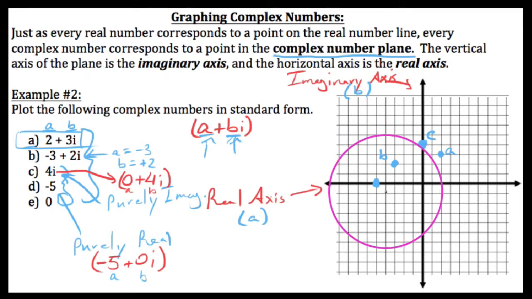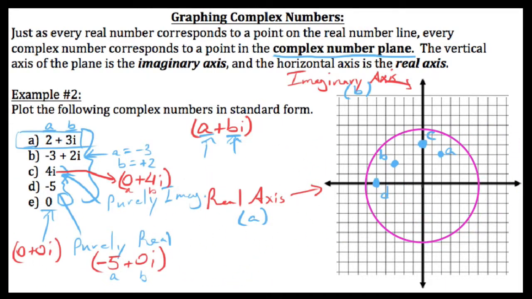We go up and down none, which is point D. It's a purely real number because it occurred on the axis. And then last but not least, we say 0. Where would 0 be in the complex number plane? This is the same thing as 0 reals plus 0 imaginaries. So this would be the origin. The number 0 corresponds to the origin in the complex number plane.